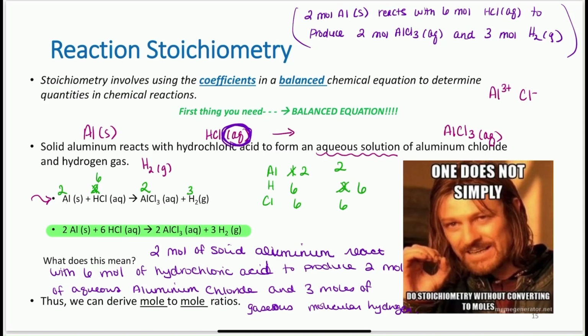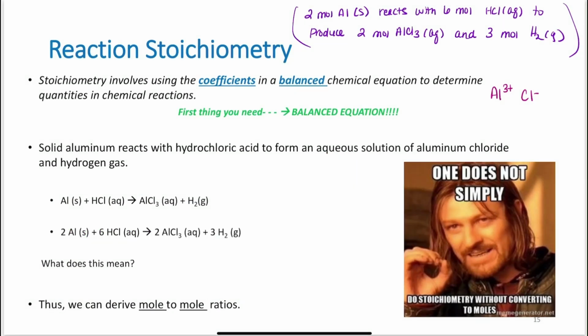And again, here we can now derive our mole. The other thing we need to talk about here, though, is these mole to mole ratios. We can derive mole to mole ratios. So we talked about how 2 moles of solid aluminum are going to react with 6 moles of aqueous hydrochloric acid to produce or form 2 moles of aqueous aluminum chloride and 3 moles of hydrogen gas.